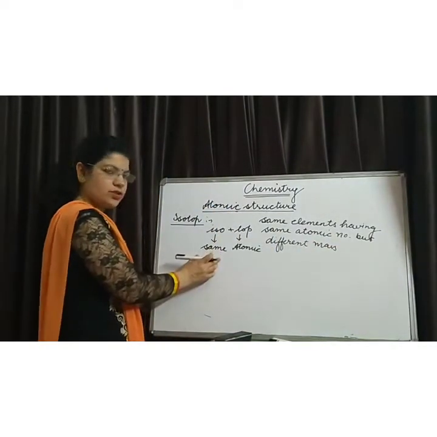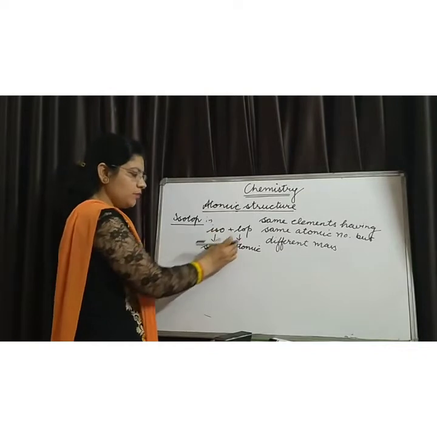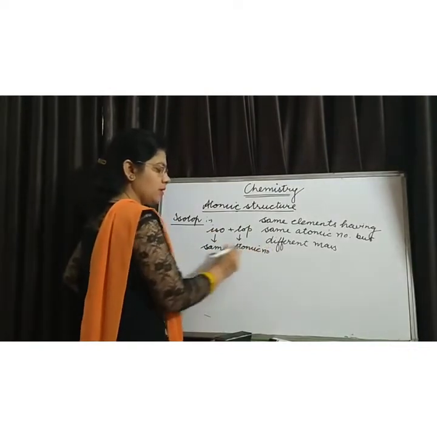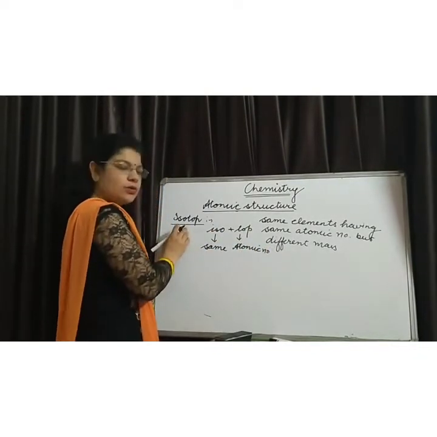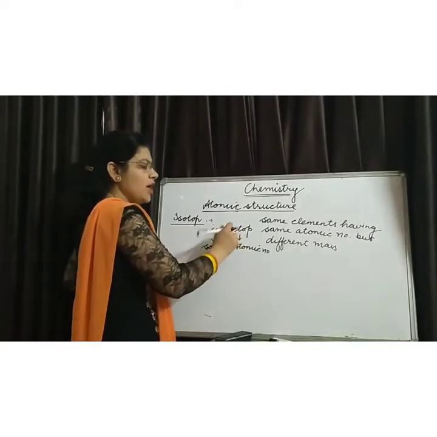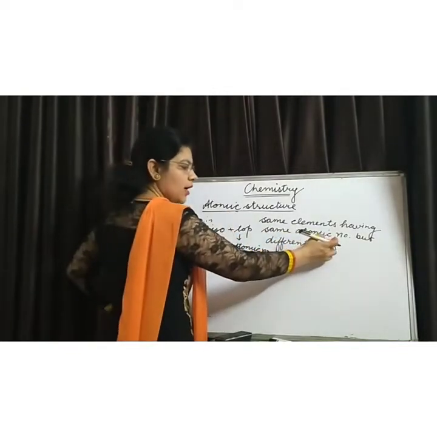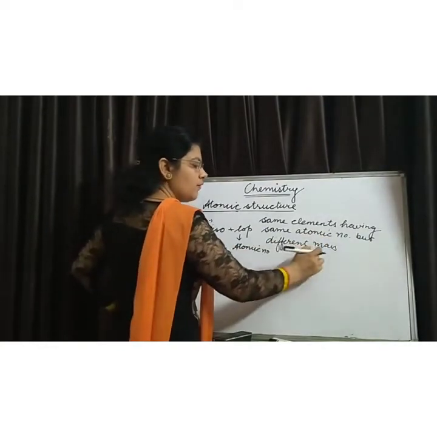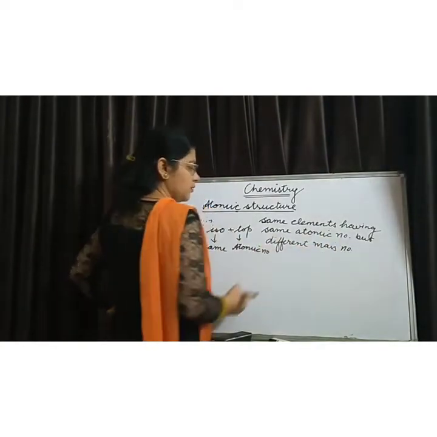As from the definition, iso means same, tope means atomic number. It means isotopes are those atoms which have the same atomic number but different mass number.